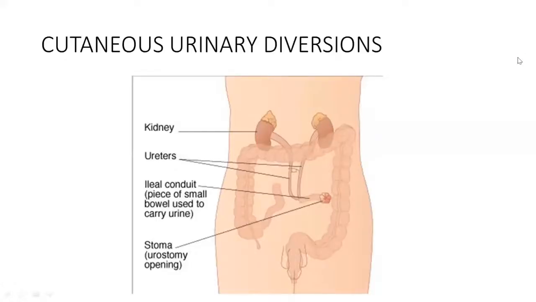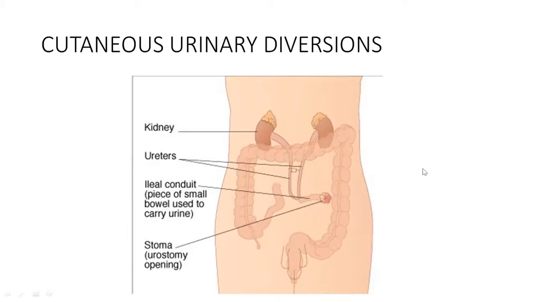In this picture, you can see a typical cutaneous urinary diversion. In this case, surgeons have created a special ileal conduit and connected both ureters with the ileal conduit, which was made from part of the ileum, and urine will pass outside from the opening of this ileal conduit.